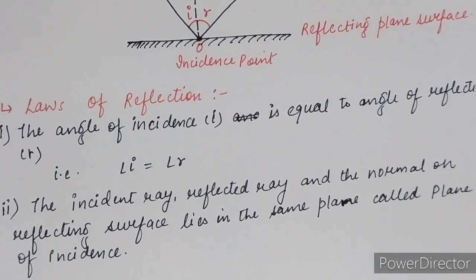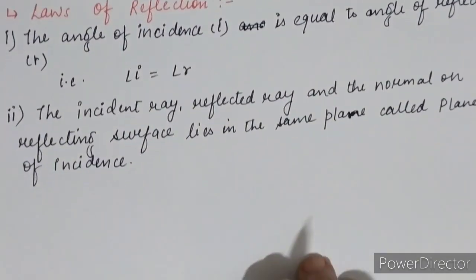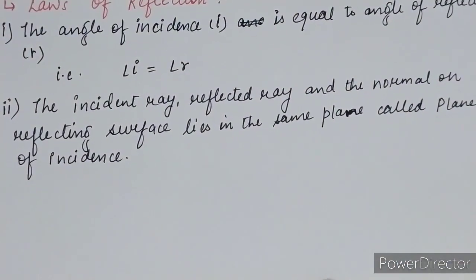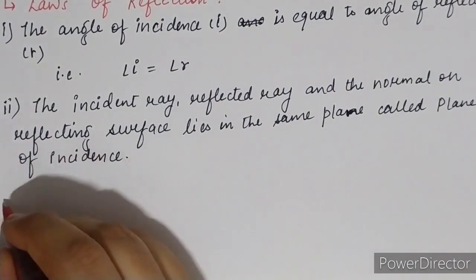In reflection there is no change in the frequency and wavelength of light. If the surface absorbs light, then the intensity of the reflected light decreases. So I am writing this in note form, because sometimes it is asked as a 1 mark question, and then you are able to write the answer.